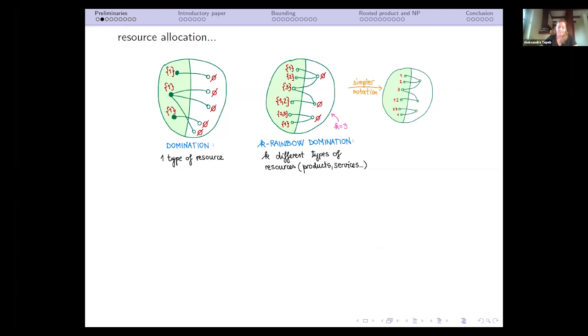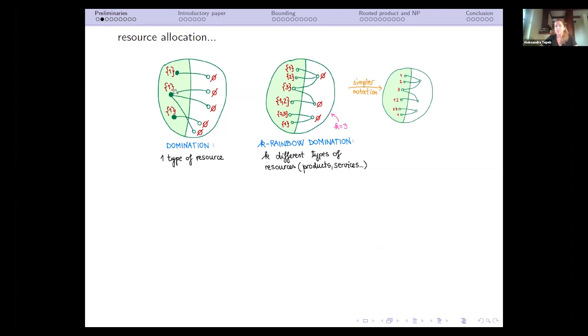And if we take a look at this resource allocation, we know that vertices in a dominating set provide a service or a product in such a way that all other vertices in the graph have access to this type of resource.